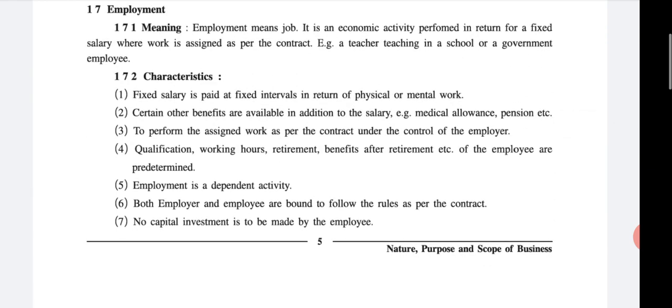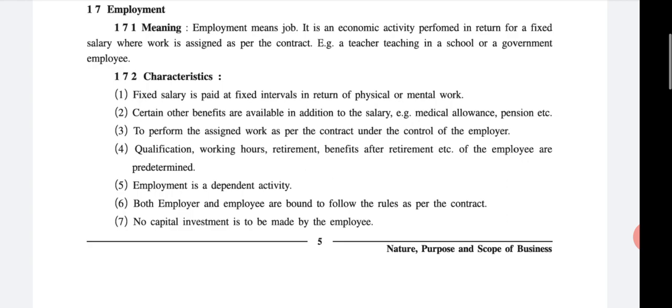Fixed salary is paid, certain other benefits like medical allowance, pension, etc. Then work as per the contract under the control of employer; qualification, working hours, and retirement are predetermined. Employment is a dependent activity and profession is an independent activity. See students, a point which I repeat 2 to 3 times, please mark.